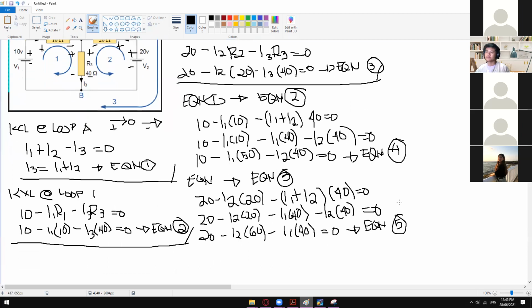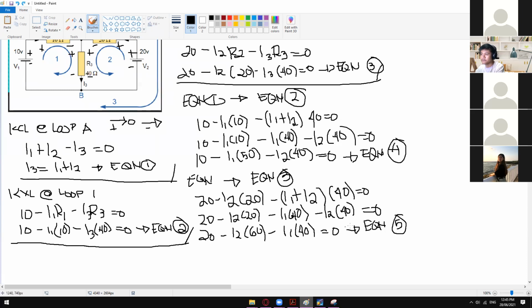Were you guys able to follow up to this point? For equation number 4, I simply replaced I3 with I1 plus I2, then simplified and combined similar units, and you get this as your final equation number 4.